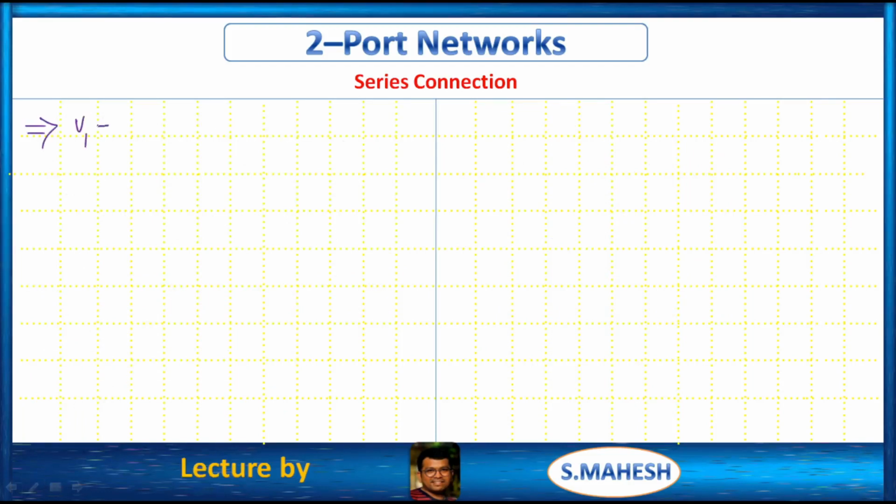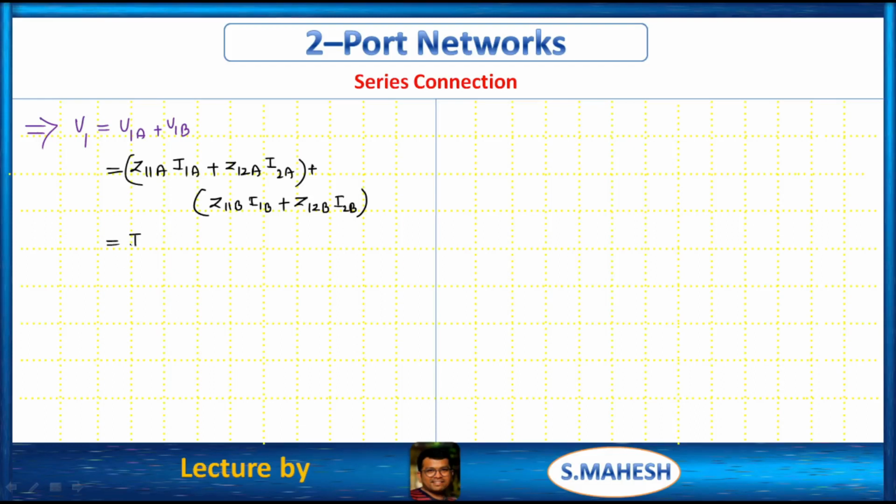Now we have to get the voltage. First V1 equals V1A plus V1B. V1A is Z11A I1A plus Z12A I2A. Coming to V1B, we have Z11B I1B plus Z12B I2B. Since it is a series connection, the current is common.